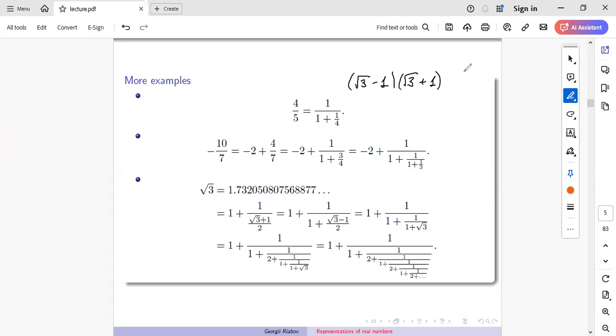This is a difference of squares, so 3 minus 1, which is equal to 2. So we get that root of 3 is 1 plus 1 divided by (root of 3 plus 1) over 2.